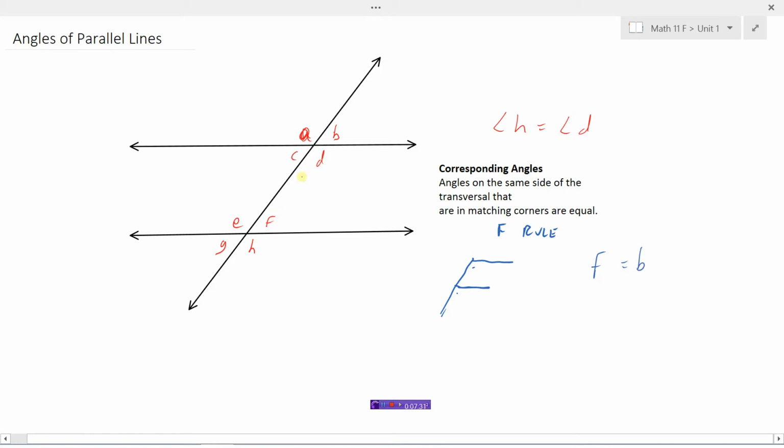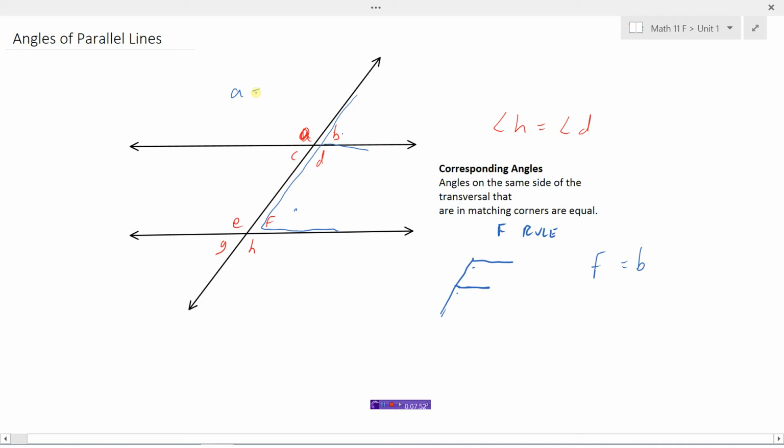F and B. So these would be matching corners that are on the same side of the transversal. So B and F. If we were doing our F rule thing, the F would be upside down because here's our two parallel lines. So the F is upside down.